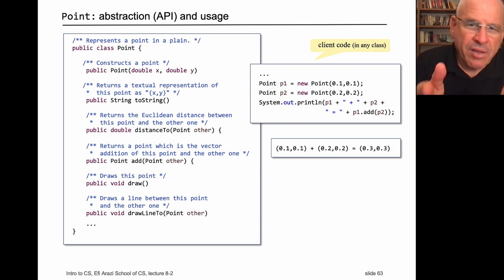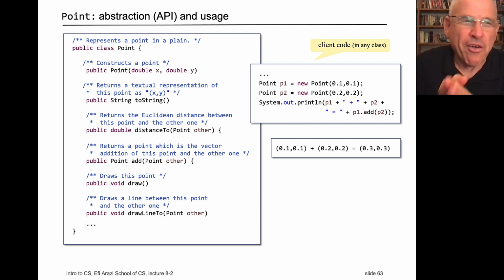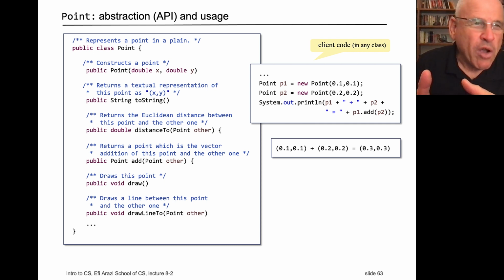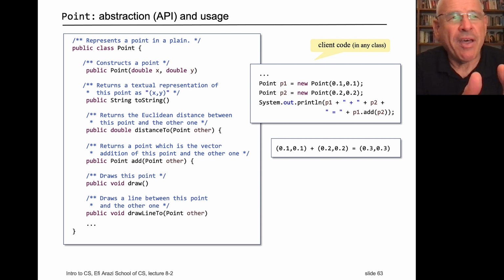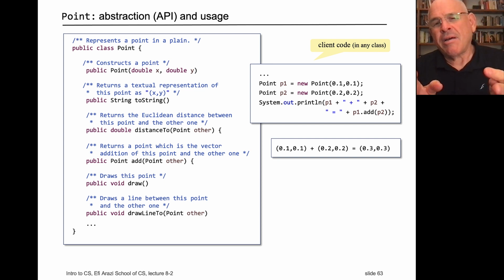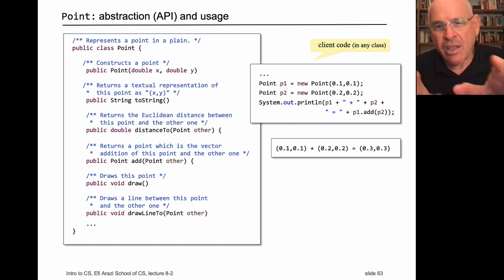The user or the client has lots of problems of his or her own. And as part of solving these problems, he has to use points, two-dimensional points. So he's very lucky that he doesn't have to worry about how points are actually being realized. There's someone else who worries about that, right? That someone else is the point class. So that's how you manage complexity. You separate your challenges or your problems into modules, and you handle each module separately.